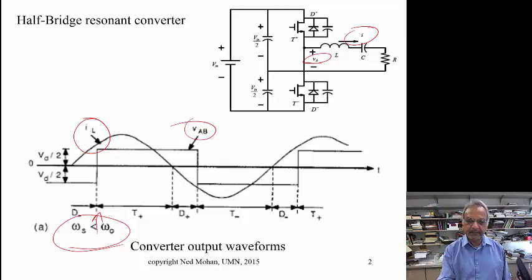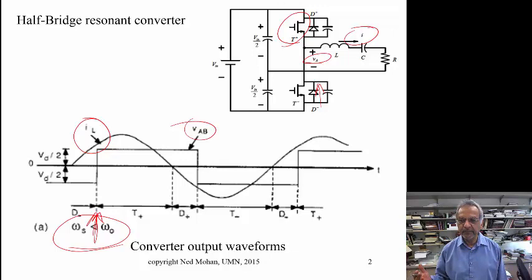And during that delay time, this current being positive, this current has shifted to this diode, which is shown explicitly here, D minus. So at that time, we are turning on this upper transistor at this instant of time, and that is very much like hard switching.